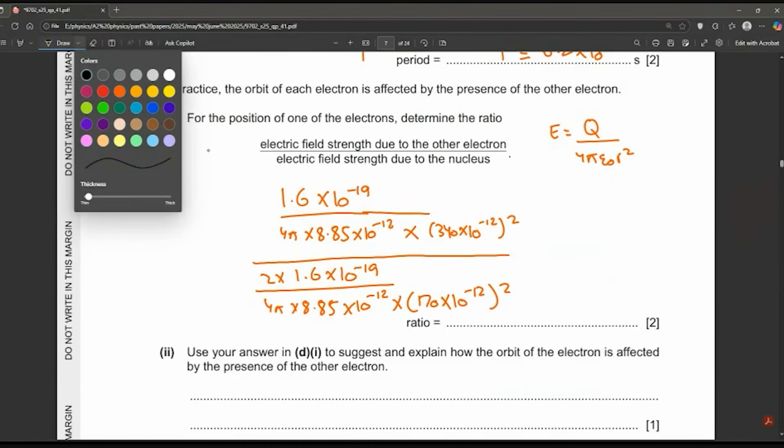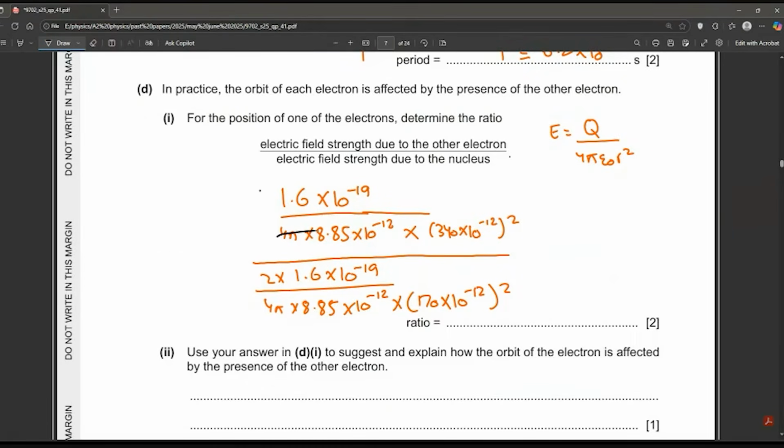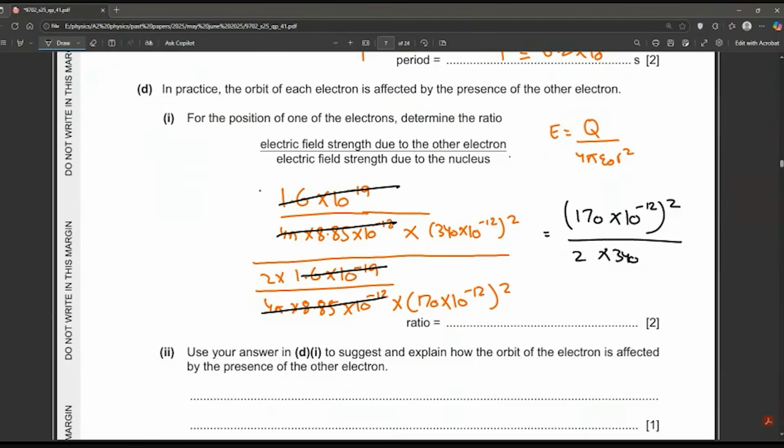Is anything getting cancelled out? 4πε₀ cancels with 4πε₀. 1.6 × 10^-19 cancels out. Take the 2 upward, it gets divided. This turns out to be (170 × 10^-12)² divided by 2 into (340 × 10^-12)².